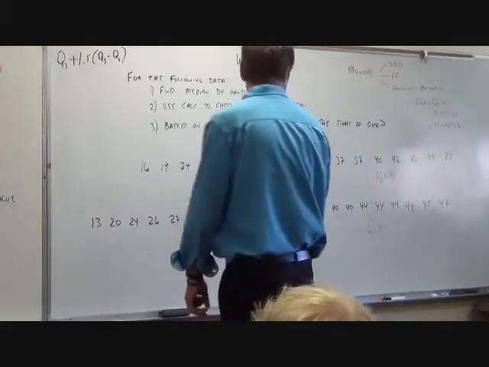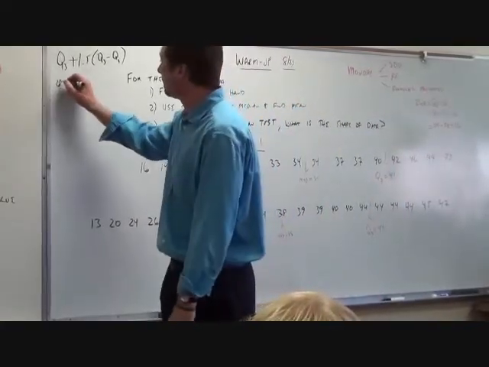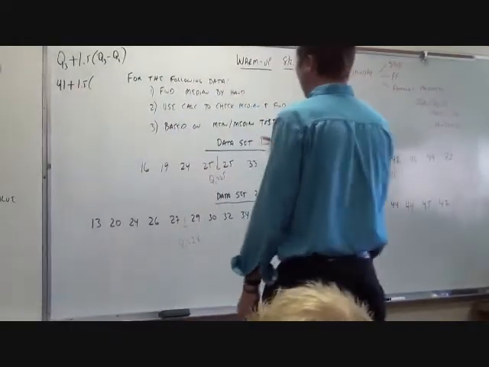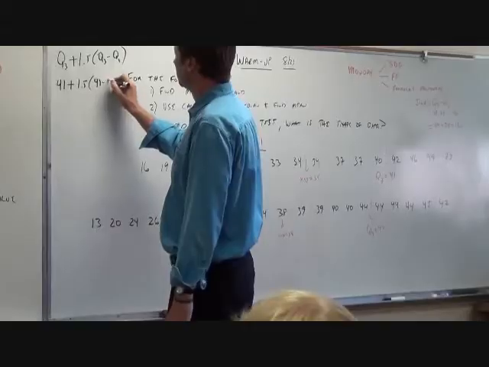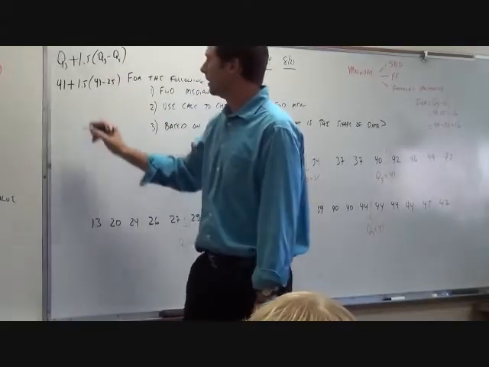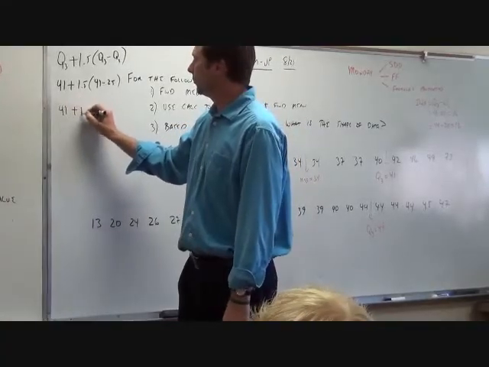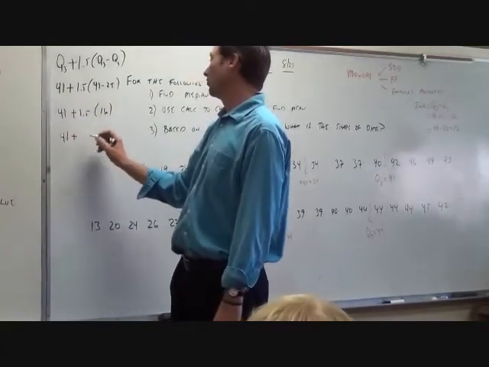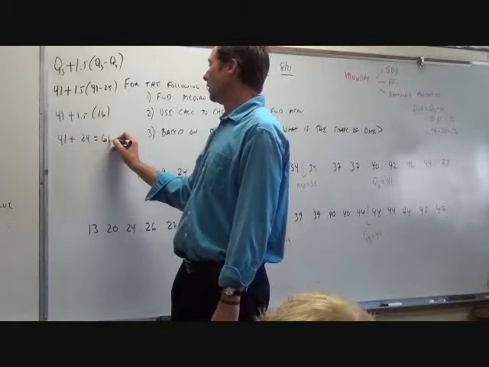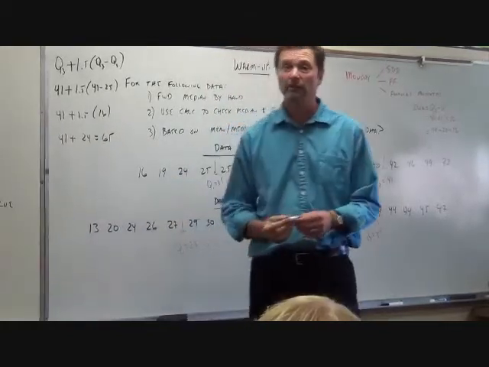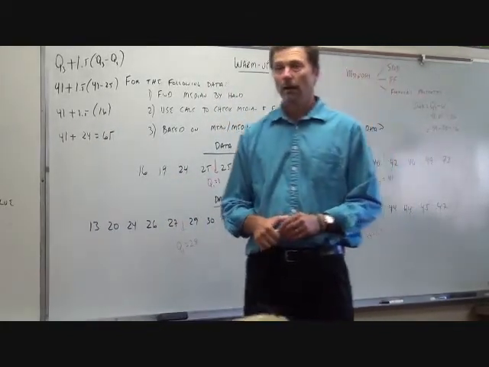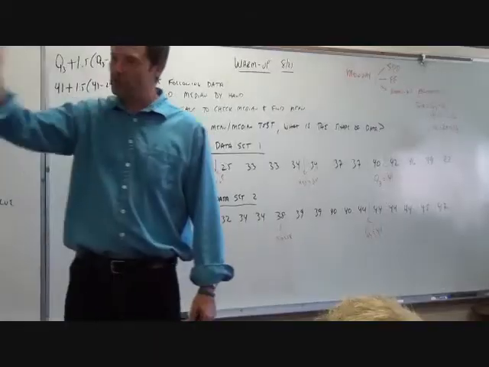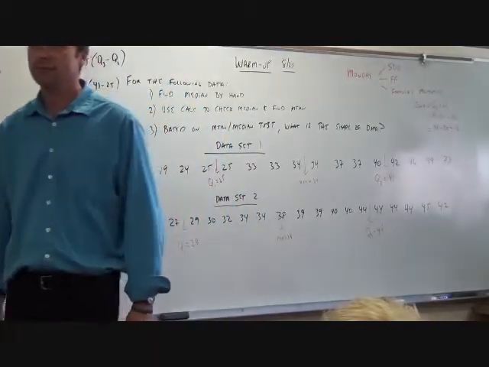So Q3 was 41 plus 1.5 times (41 minus 25), which is 41 plus 1.5 sixteens, 41 plus 24. So we get the number 65. An outlier is defined as any number outside of 65.